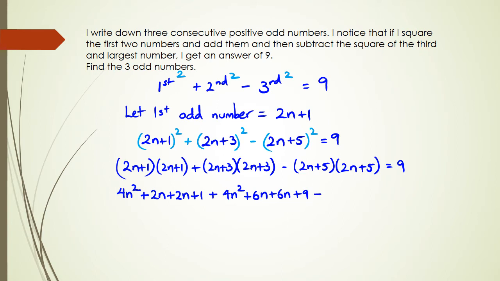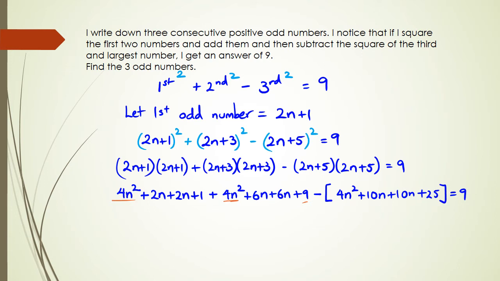Minus, now I'm going to work out (2n plus 5) squared first, but leave it in the bracket. So I'll have 4n squared plus 10n plus 10n plus 25, and that is equal to 9. From here, I'm going to simplify the first part first.